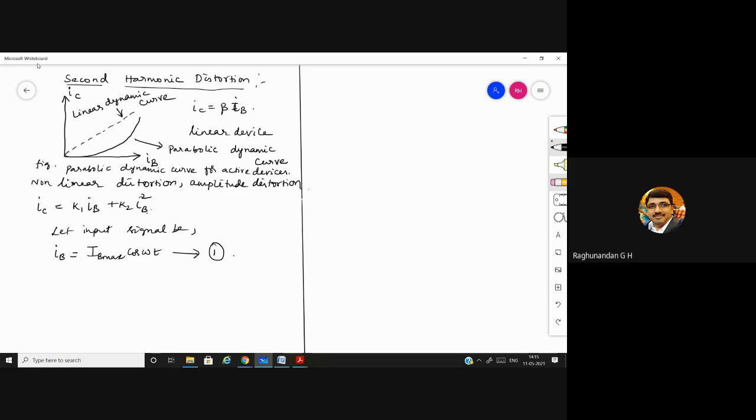If you get confused, you can make it small b also. Anyhow, this is small IC because we are talking about AC, so you can make this also small IB. So this small IB, the input base current which is being supplied, is given by this equation. You can take IB max sin omega t or IB max cos omega t.